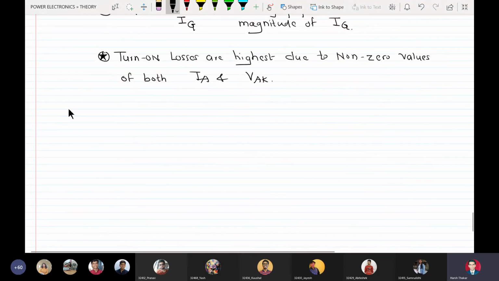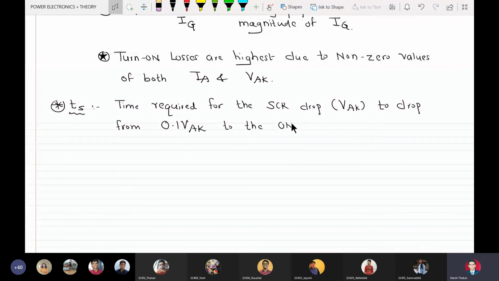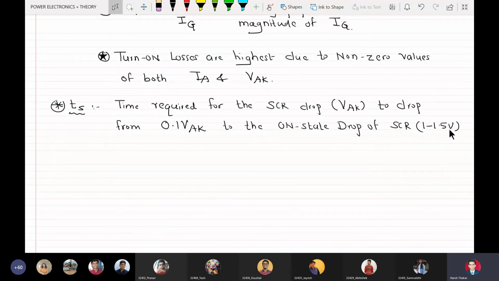And third is called the spread time. It is the time required for the SCR drop VAK to drop from 10% of its initial value to the on state drop of an SCR, which is 1 to 1.5 volts.